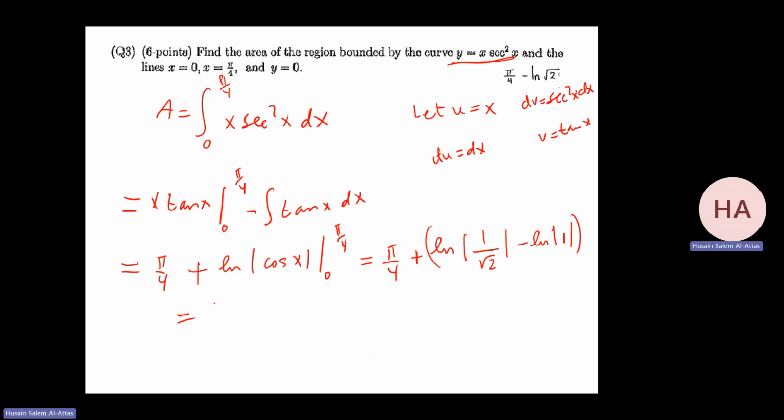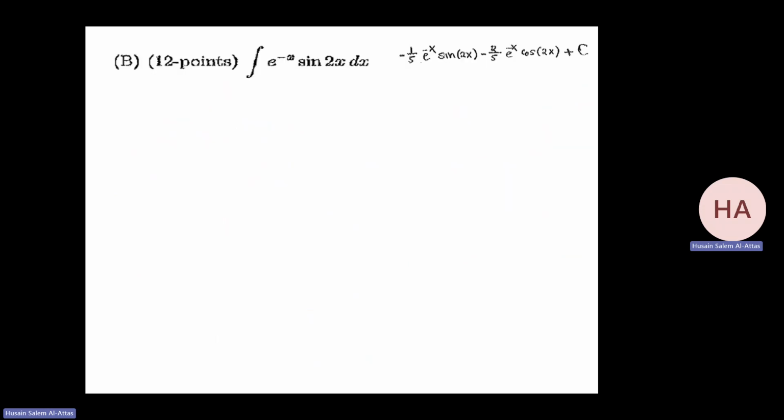That gives me pi over 4. This one will be minus ln square root of 2, and ln 1 is 0. You can write this as square root of 2 to the power minus 1, so it will be minus ln square root of 2. That will be my answer.